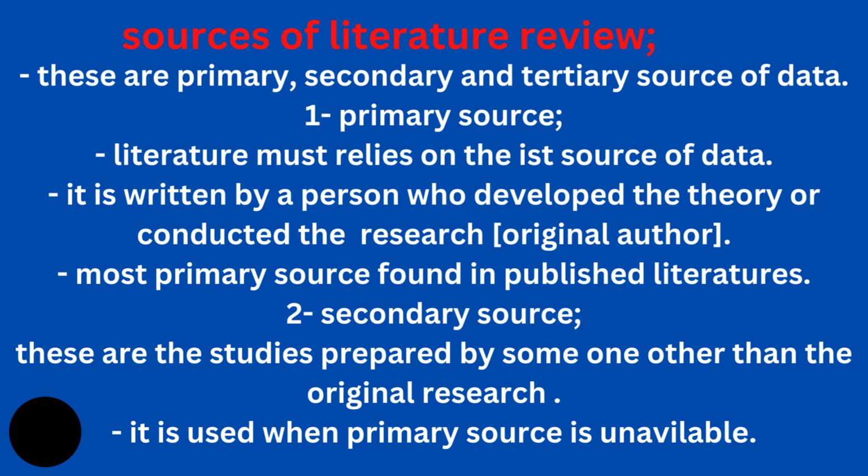Sources of the literature review are the primary, secondary, and tertiary. The primary sources are the ones that the original author has developed by themselves, like the theory or conduction of the experiment or the result that he has originally done.